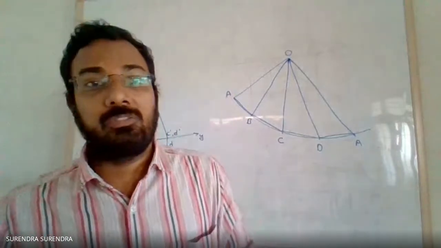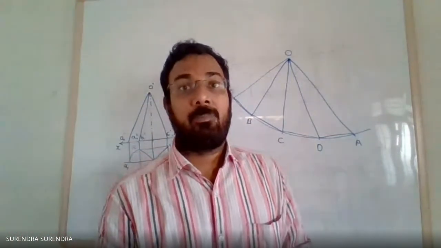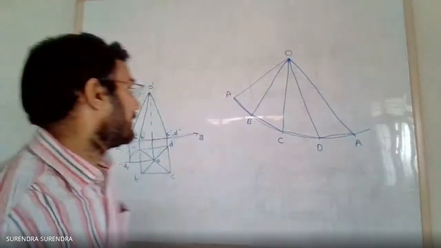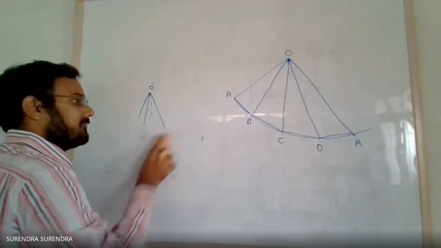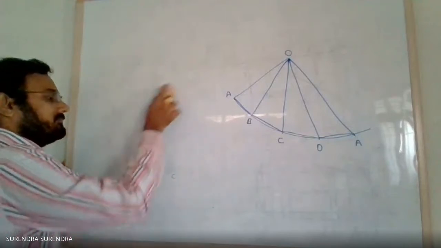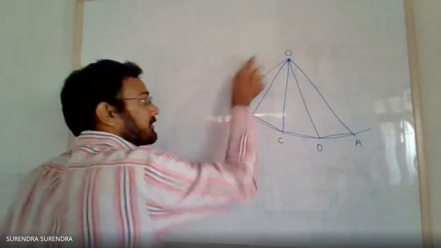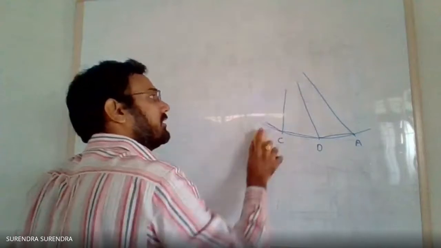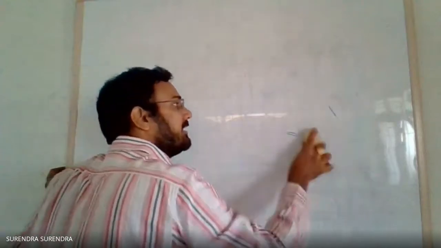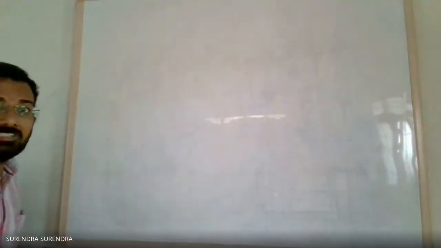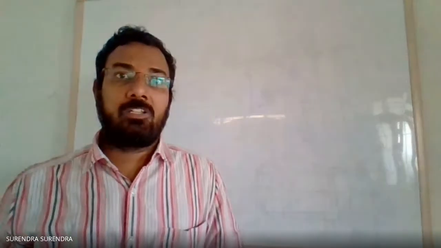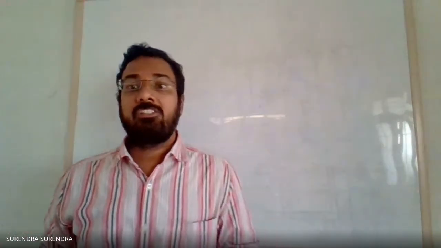So note on the next one. Development of a cone. Draw the development of a cone without any cutting. So first let us describe how to draw the development of a cone and a pyramid without cutting, and then we will go for the problems with cutting plane. So the next problem is draw the development of lateral surface of a cone.